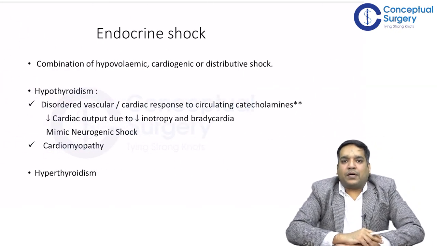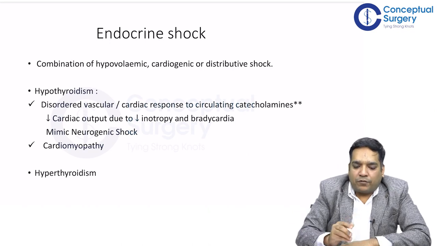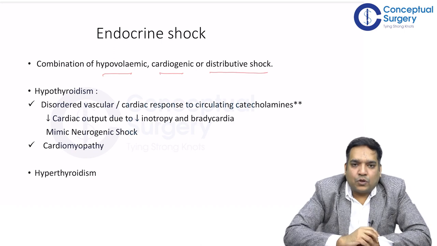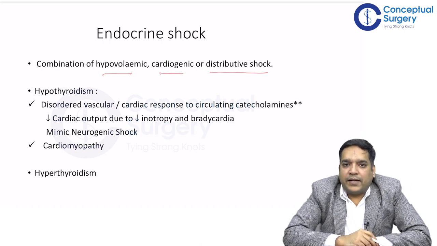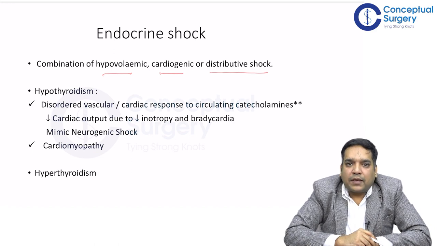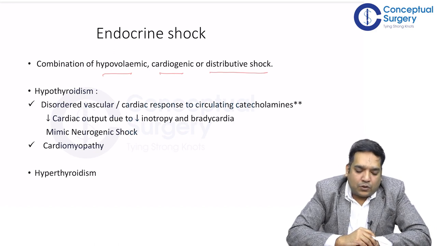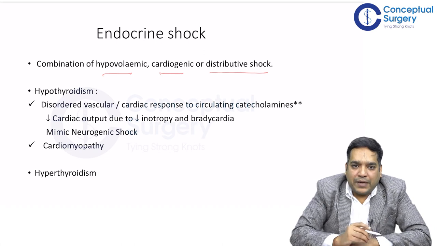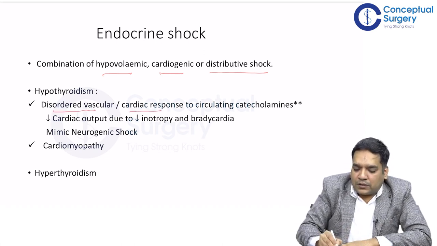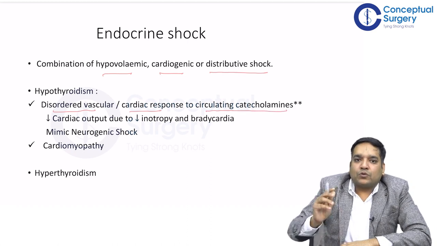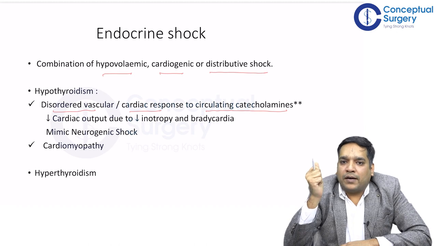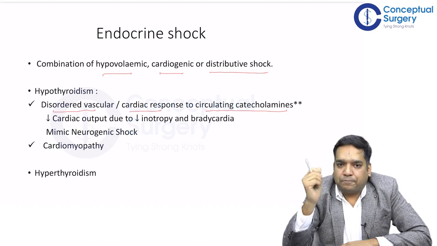So moving on to endocrine shock, it is a combination of hypovolemic, cardiogenic and distributive shock. There are 3 conditions in which we can see this. Hypothyroidism can give rise to endocrine shock because it leads to a disordered vascular and cardiac response to circulating catecholamines. So vessels and heart will not interact with catecholamines in a normal way.